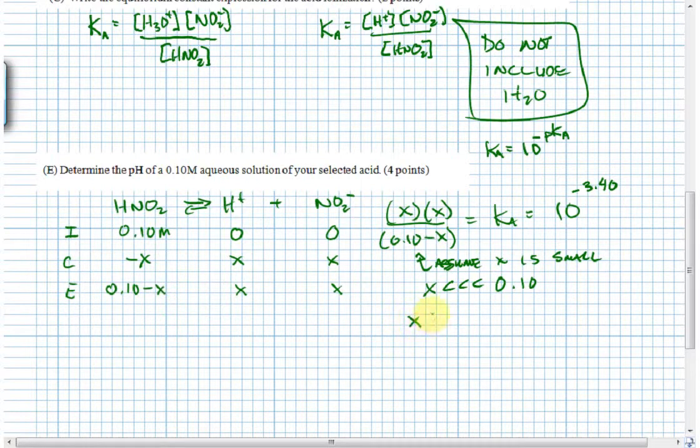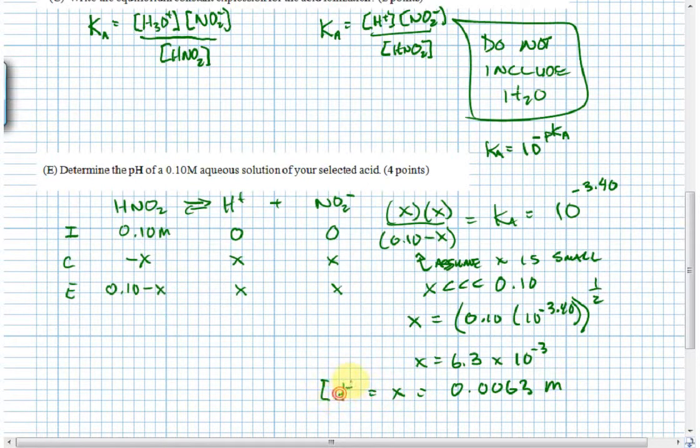X is going to be equal to the square root of 0.10 times 10 to the minus 3.40 power, and X works out to be 6.3 times 10 to the minus third. Notice that our assumption is pretty good. Remember, that's 0.0063. If I round that off to the nearest hundredth, that's 0.01. It's going to make about a 10% difference. We're willing to accept that. So X is equal to this, which is equal to the hydrogen ion concentration.